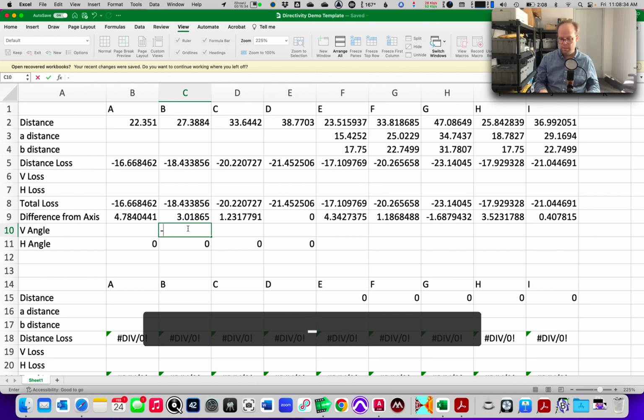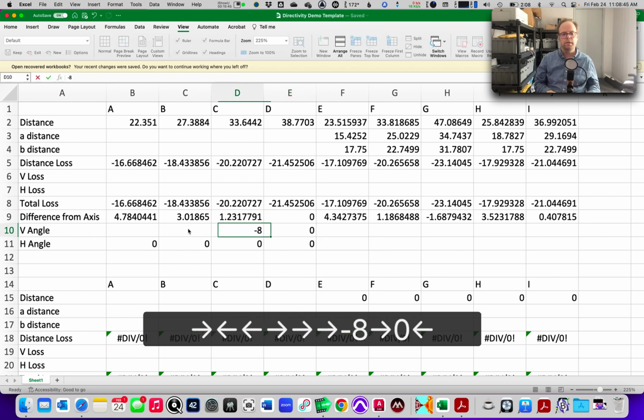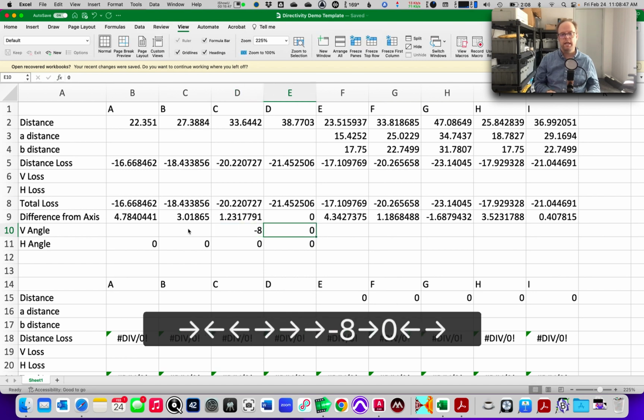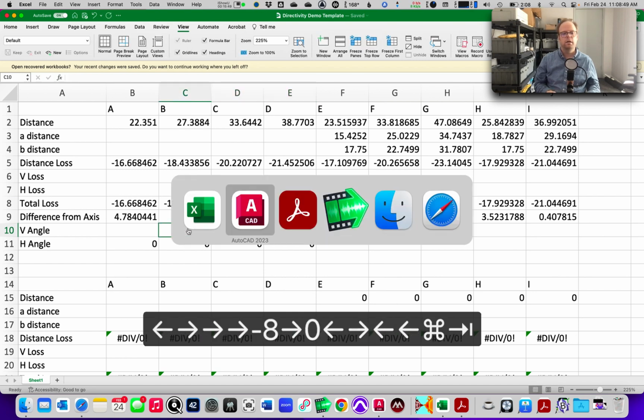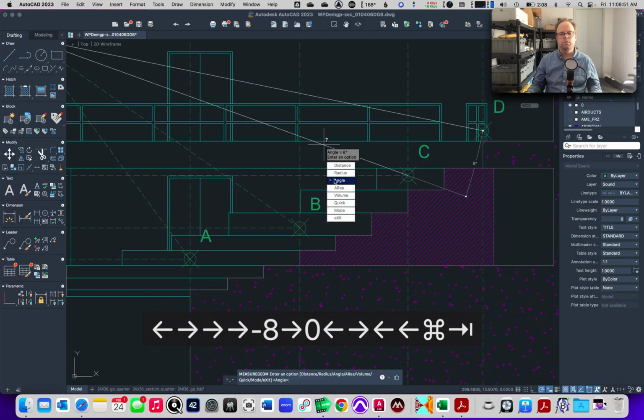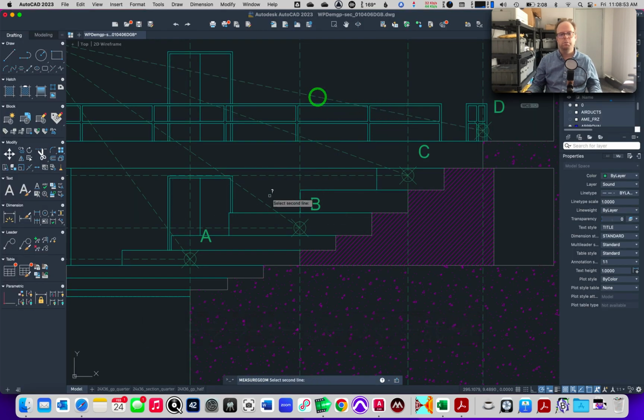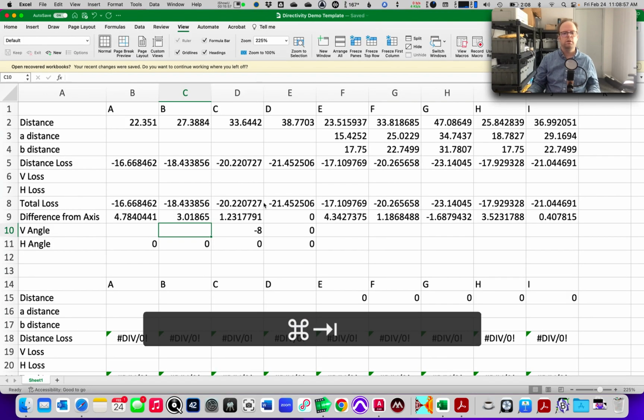Actually, I'm going to say -8 because I'm going down for that. The vertical angle, actually, that'll be on C. Won't it be? Okay. D is going to be 0 because that's where the loudspeaker aims. There's no vertical loss there. Let's look at the angle from D to B. Okay, that's 23 degrees, so I'll put -23 in there.